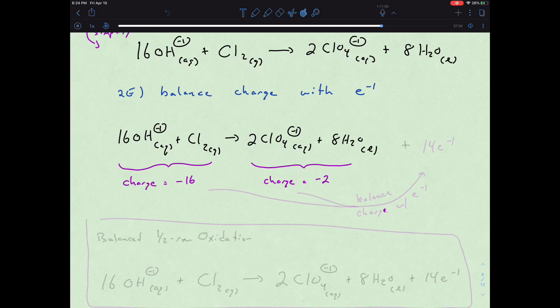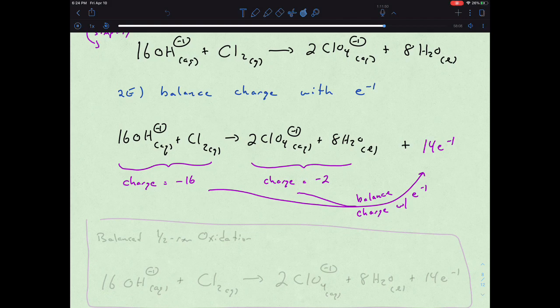So it's really that difference in terms of the charge that now says that we have to add a total amount of electrons of 14. And that's where we're balancing our charge with those electrons.